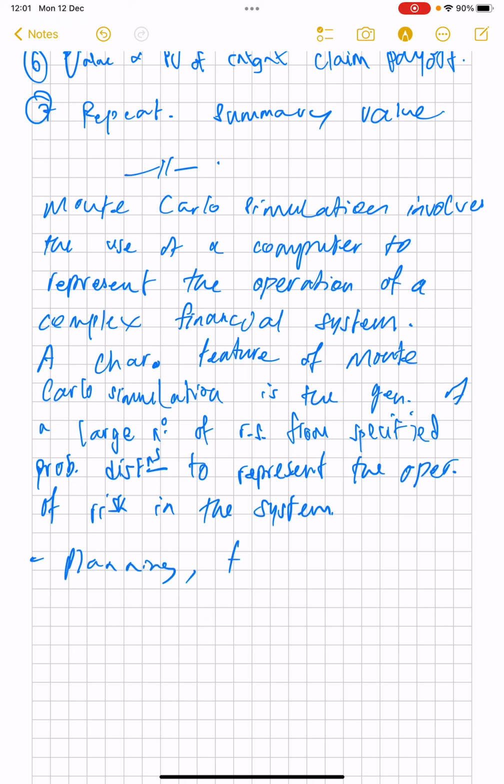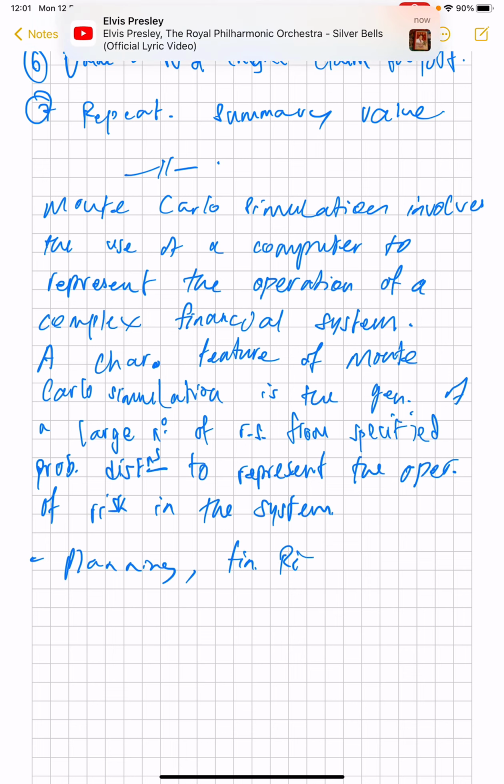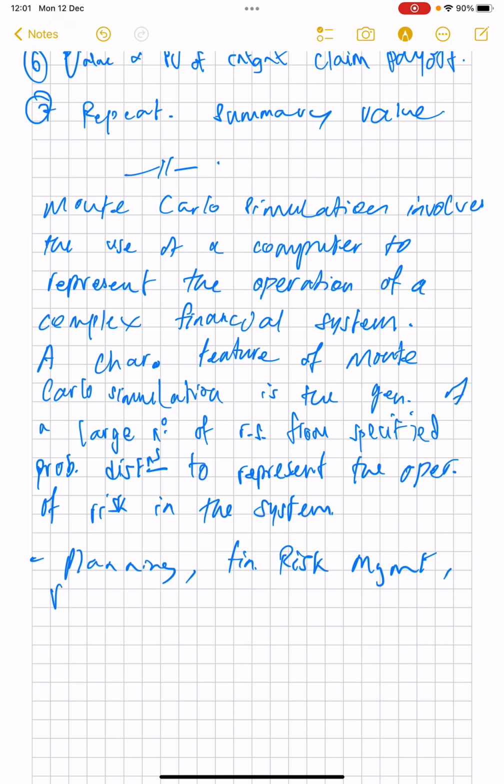So what's the use of Monte Carlo simulation? It is used in planning, in financial risk management, and in valuing complex securities.